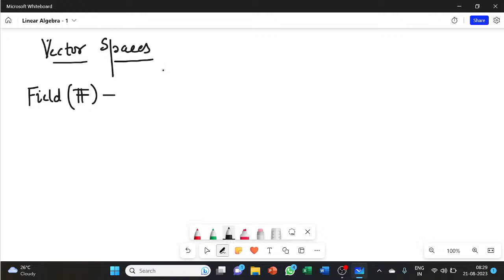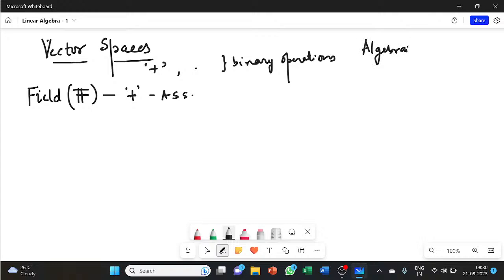Okay, so a field is one where you have all these 9 properties that I'm going to write. With respect to first plus and multiplication, these are the two binary operations that we are going to consider before starting with the field. The first property should be the associativity with respect to addition. If I say that an algebraic structure forms a field, what do I want to say?